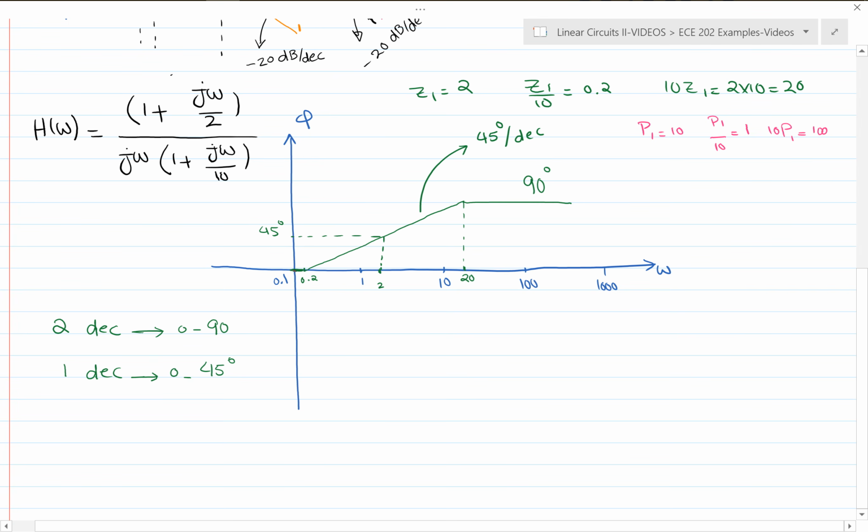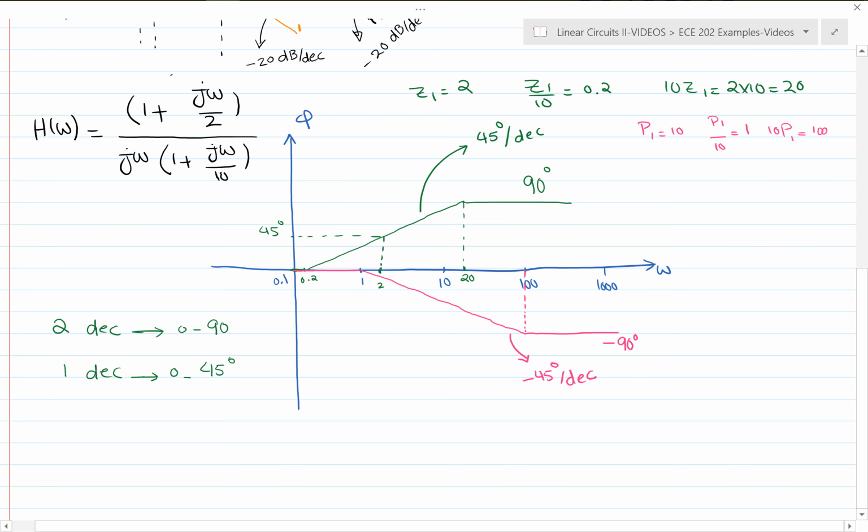So until the frequency of 1, my plot will be 0. And then it has to decrease and reach minus 90 degrees at 10P, which is 100. If I want to be consistent with the one that I drew for the zero, I have to do this. It goes down, and we know that this one is the same as the other one, only negative. So minus 45 degrees per decade.